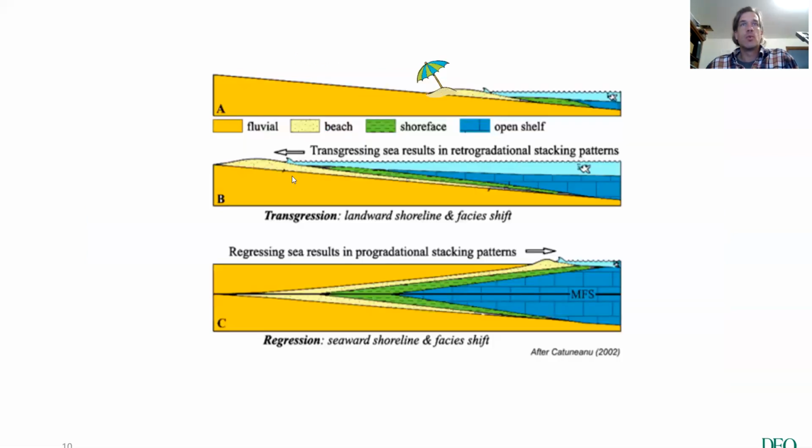let's talk a little bit more about sedimentation. These are just hypothetical cross sections. And basically the further out the ocean is, the further out sediments can get carried.